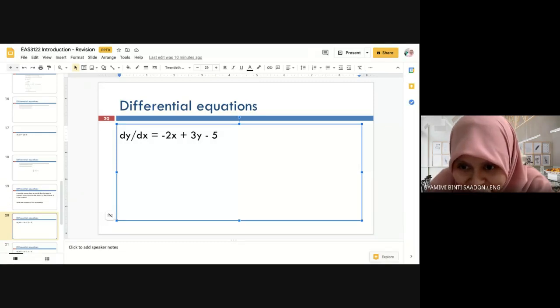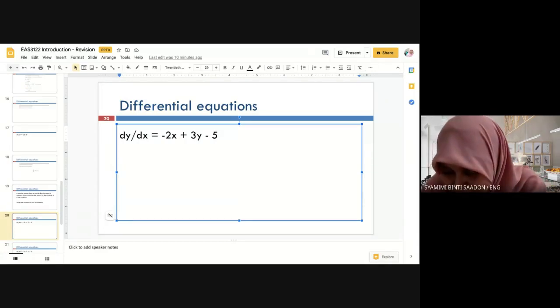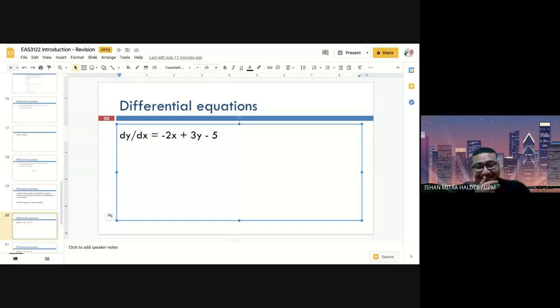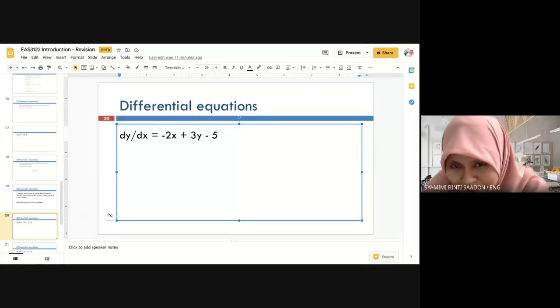Like Nakib and Ishan here, x power of 2. Doctor, we actually did the partial differentiation, not the actual differentiation. Partial differentiation. Oh, okay. Kisha, you dapat jawab apa? What is your answer? Sama dengan diorang ke?